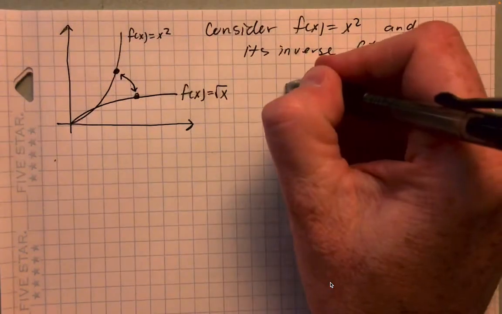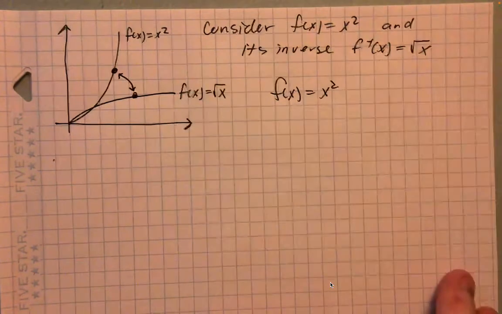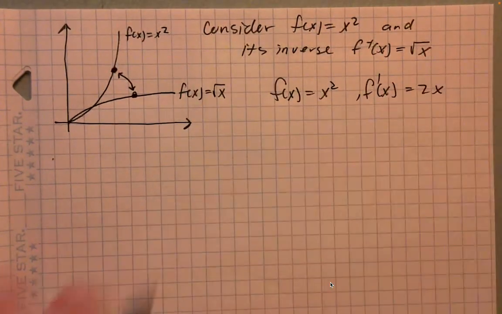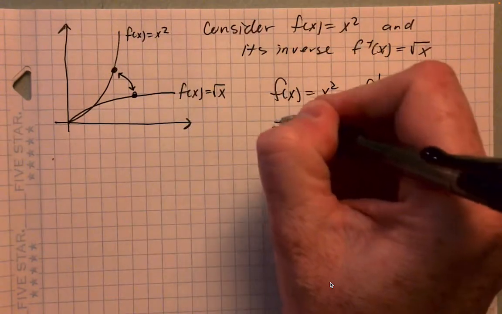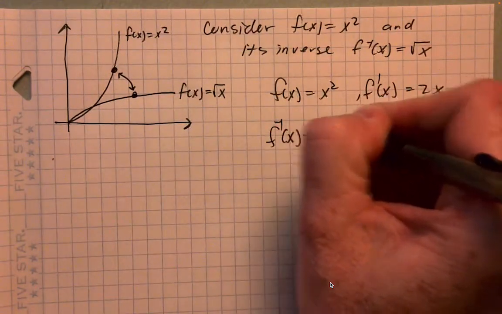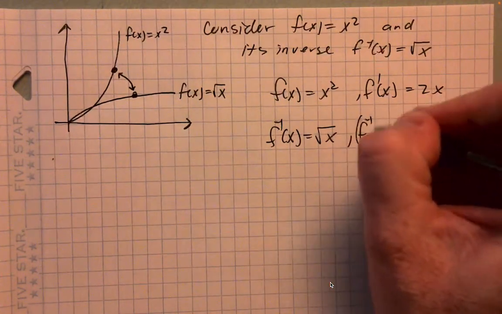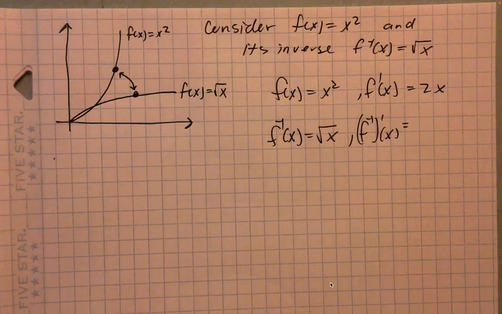So let's start with f of x equals x squared, and so then f prime of x is equal to 2x. Okay, no problem. f inverse of x is equal to the square root of x, and what is the derivative of f inverse? Well, you can just go through this.